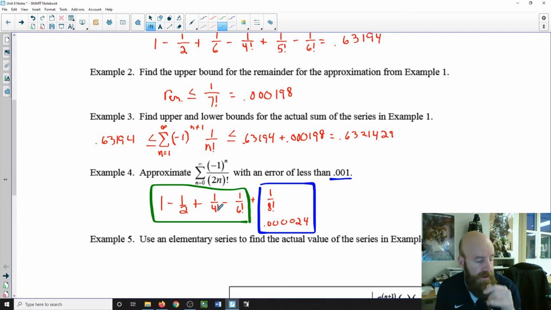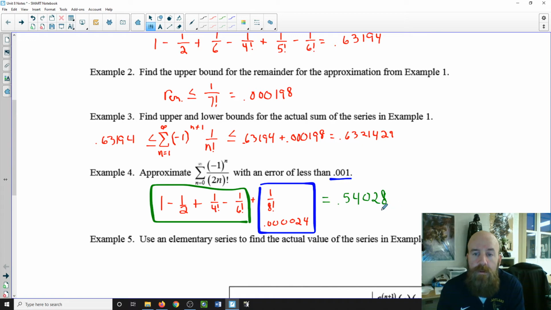So that's what we're going to want to calculate. Okay, and it actually turns out to be 0.54028. Okay, so that's our approximated value for the series that would have an error less than 0.001.